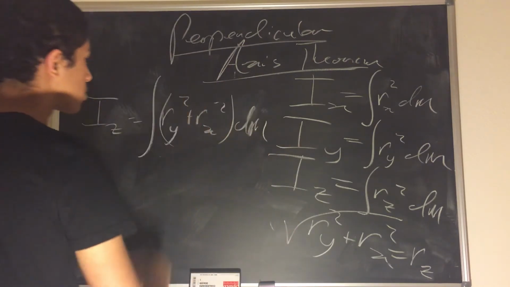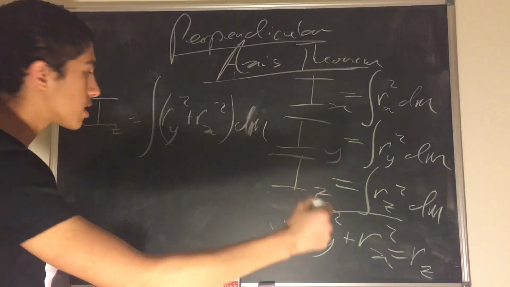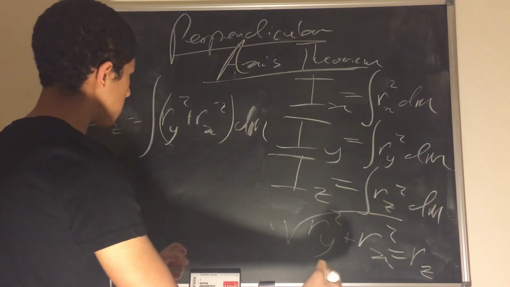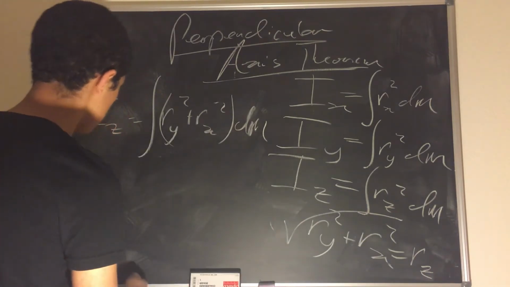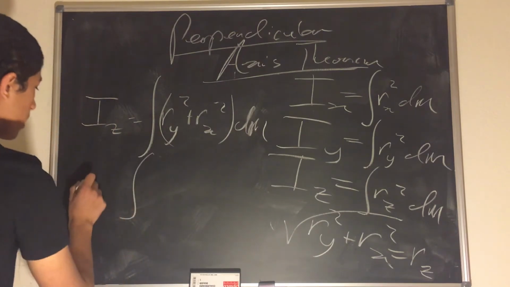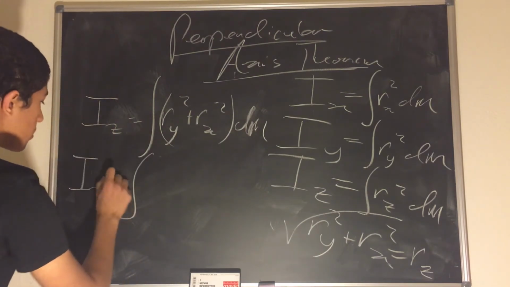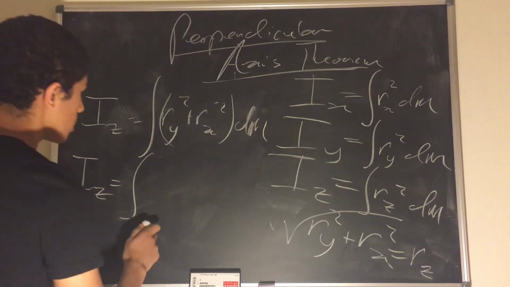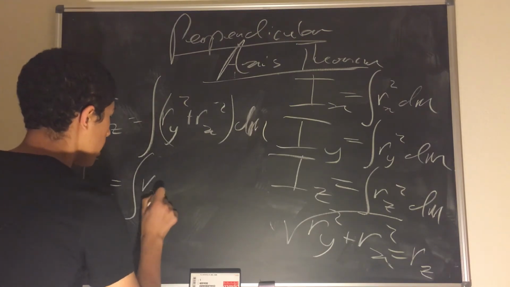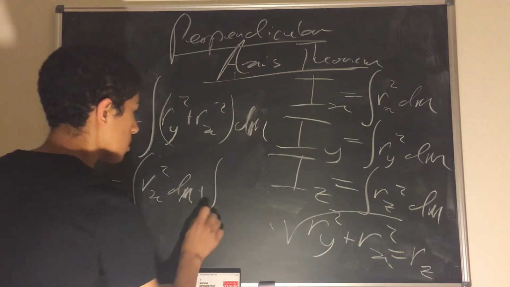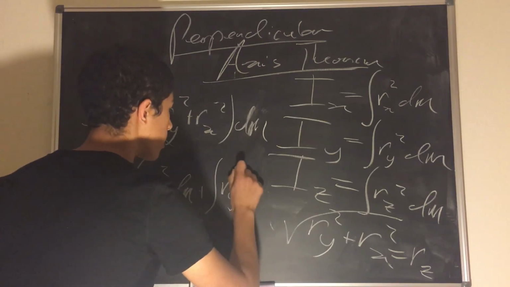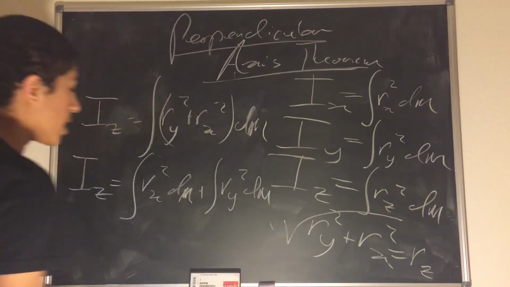And we can distribute the dm and separate the integrals, because the integral of a sum is the same as the sum of integrals. So then we have Iz is equal to the integral of rx squared dm plus the integral of ry squared dm.